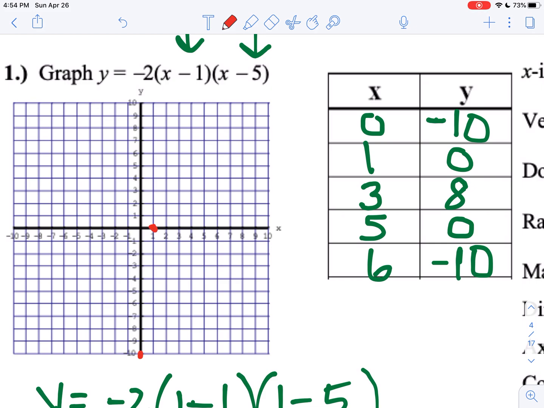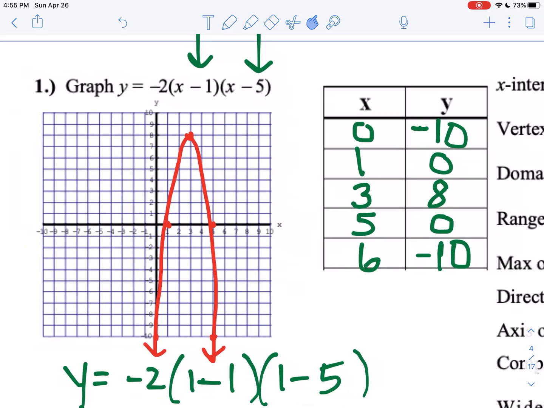Then I go to my vertex (3, 8). Everything should start flipping over now. We have (5, 0) and then (6, -10). I'm going to try my best to connect all these points to create that parabola, creating arrows at the end to show the reader that the function continues on.